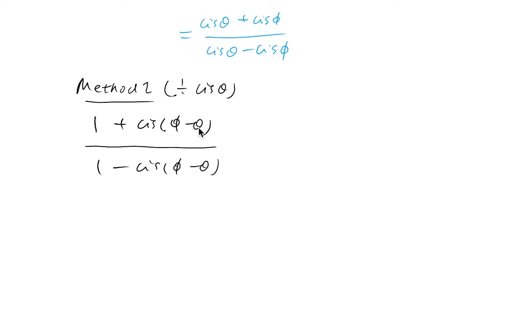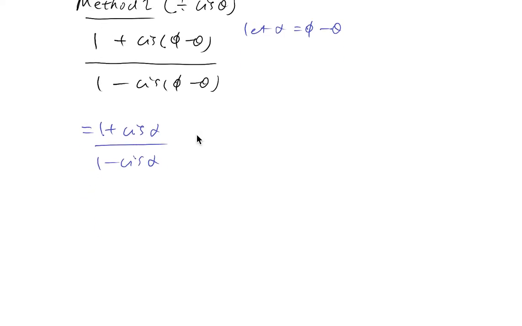Because phi minus theta is just another angle, I'm going to let alpha equal phi minus theta. So this becomes 1 plus cis alpha divided by 1 minus cis alpha.